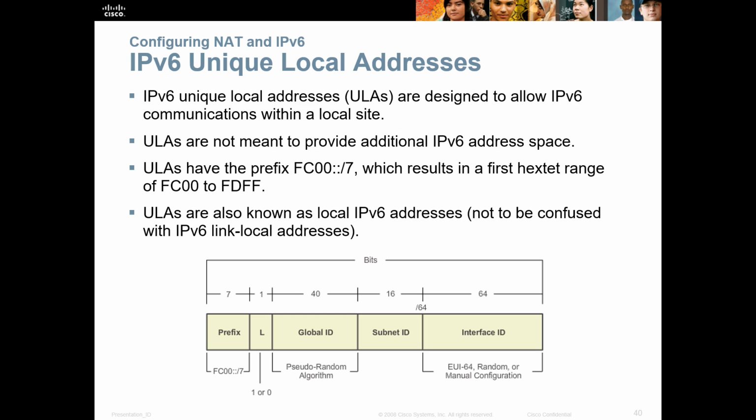These unique local addresses are not meant to provide additional IPv6 address space, and they should have a prefix of FC00::/7, meaning they're only using the first 7 bits, which means we have the first range of addresses between FC00 and FDFF. These are also known as unique local IPv6 addresses, and that is not the same as link local addresses. Keep that in mind.